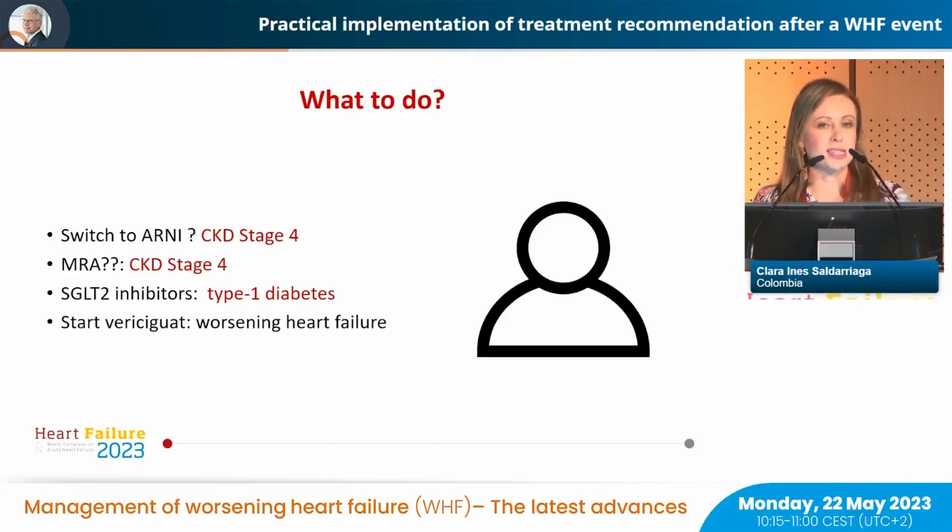This patient was not receiving MRAs, but again, we are facing these 2 problems, potassium and renal function. Or why not start an SGLT2 inhibitor? But remember that this patient has type 1 diabetes. And finally, as I mentioned before, this is a perfect worsening heart failure example. So this patient has a new option, as Shelley just showed, so we can start this patient on vericiguat.